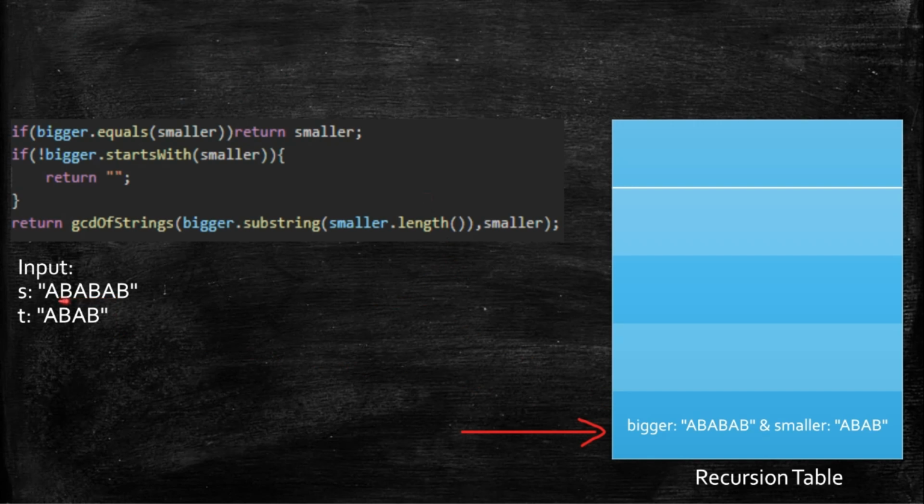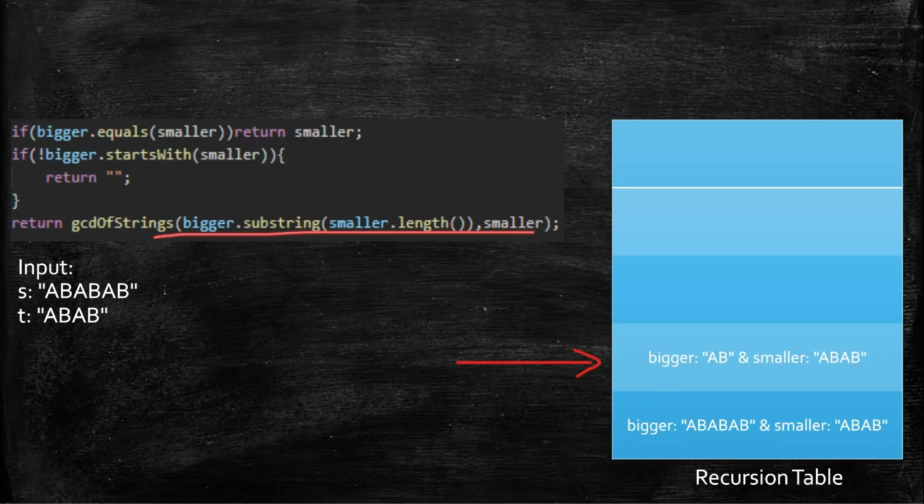Now take an example where s is ABABAB and t is ABAB. Bigger will be ABABAB and smaller will be ABAB on the basis of length. We can see that the bigger starts with ABAB, so I can remove this whole part. If I remove it, my bigger will become AB and the smaller will become ABAB, so we push that into the recursive stack.